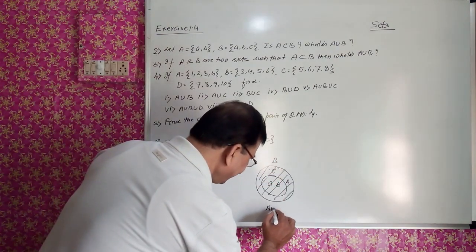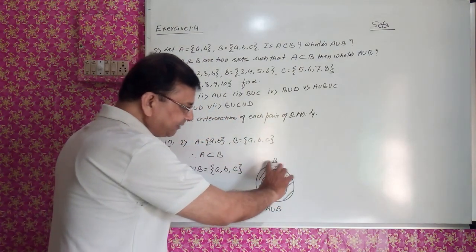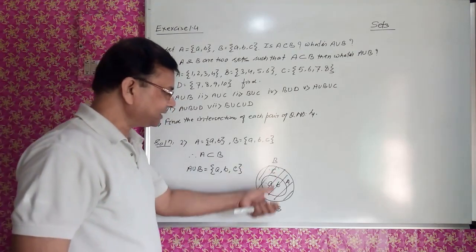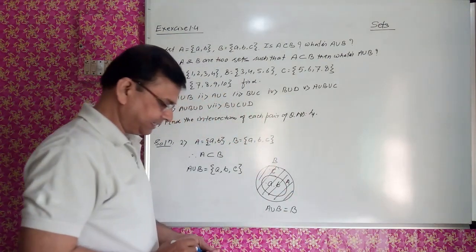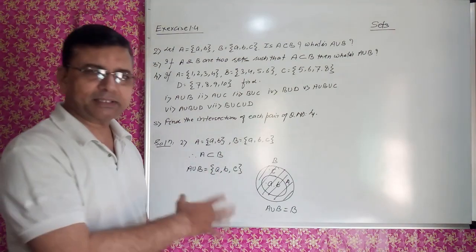So this is A union B. So what do we observe? A union B is nothing but the set B, isn't it? When A is the subset of B, A union B will be equal to B. So I explained this using the Venn diagram and also by the listing method.